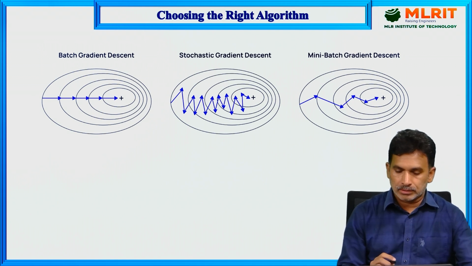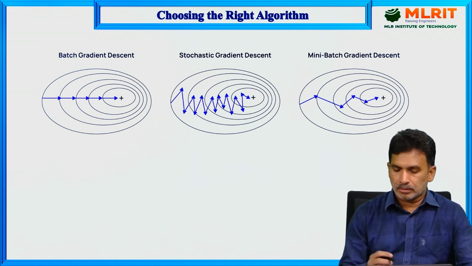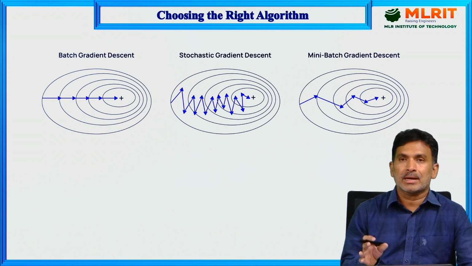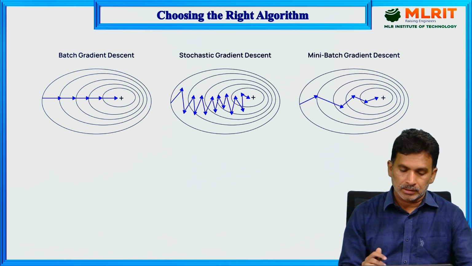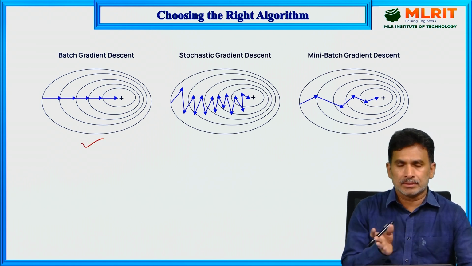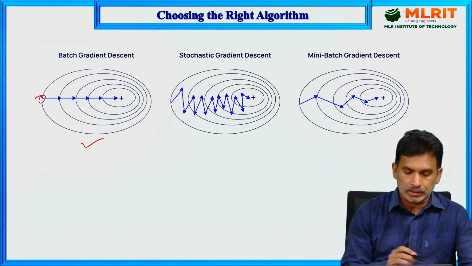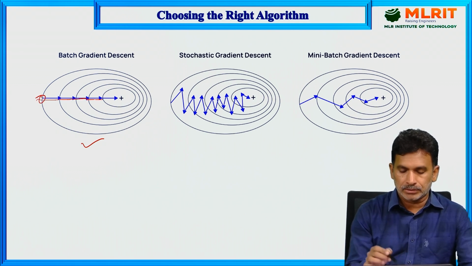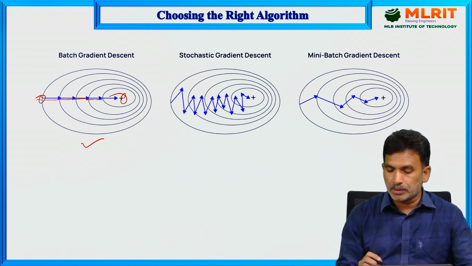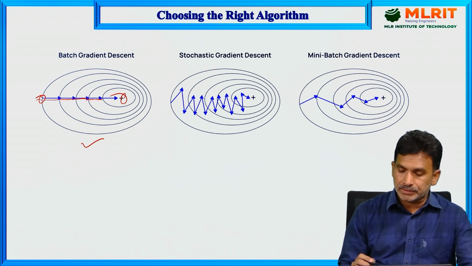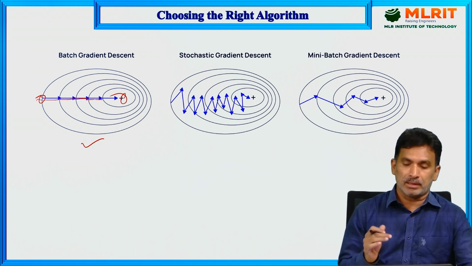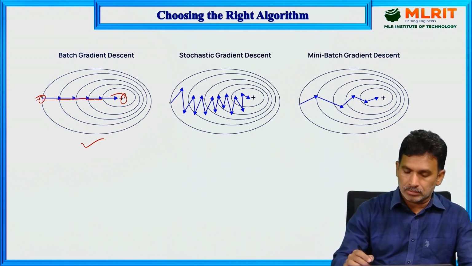Now you can see the contour plots showing how the gradient moves in these three categories of gradient descent. The first figure depicts batch gradient descent: from the starting point, each step moves the gradient until it reaches the optimum. In stochastic gradient descent, the model is updated for every sample, so you can see the fluctuation of the gradient.